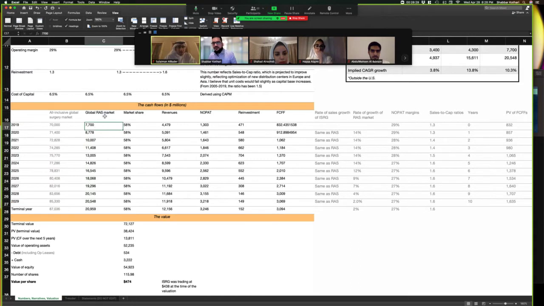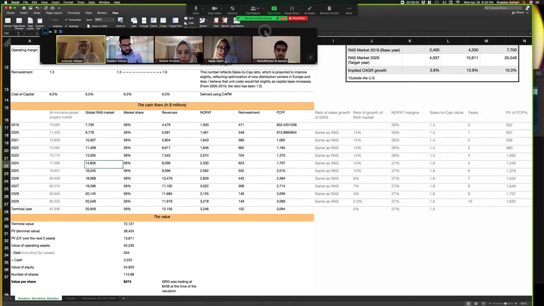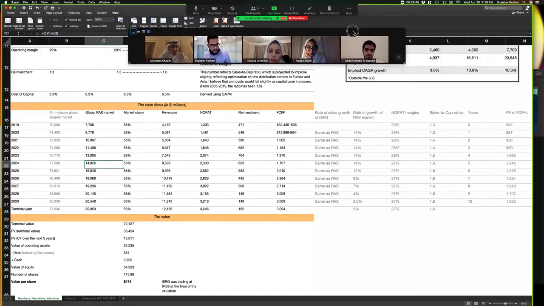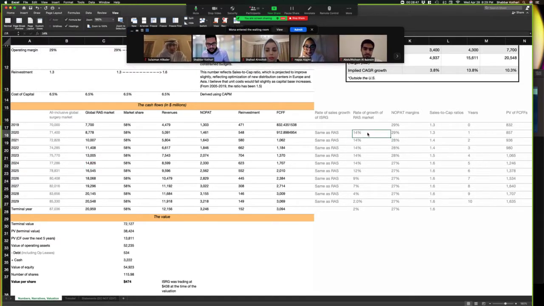Now, let's come to global RAS market, which is the playing field ISRG is in. Today, 7.7. Remember, I assumed a growth of 14% year on year for the first 5 years. By the way, if you want to see those details, go to column J, and you'll see it here. 14 first 5 years, 12, 9, 7, 4, 2.